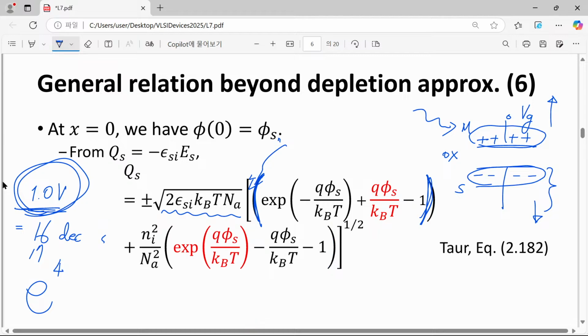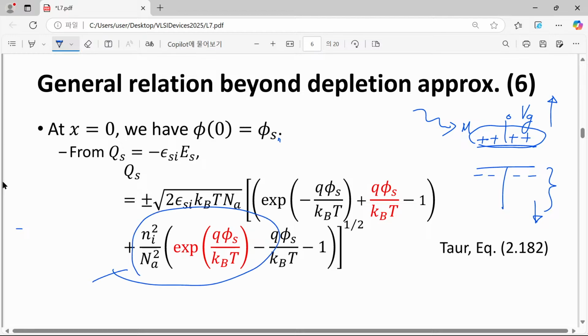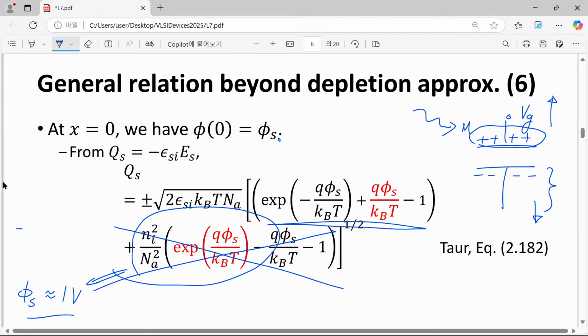Okay, this is quite a special case, and let's consider a more usual case. The case where this term contributes quite a lot is when phi s is almost close to 1 volt. Otherwise, this term doesn't contribute at all. Then we have to make an estimation over the first 3 terms.